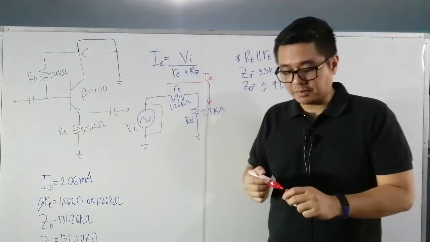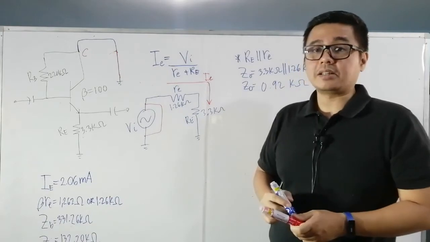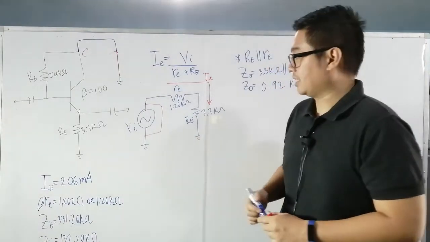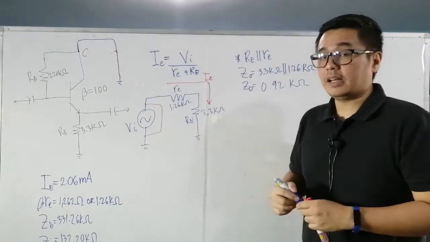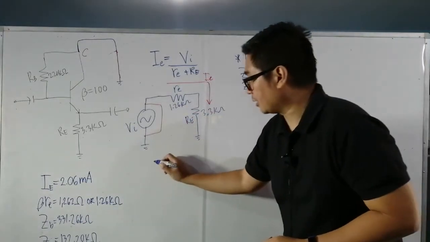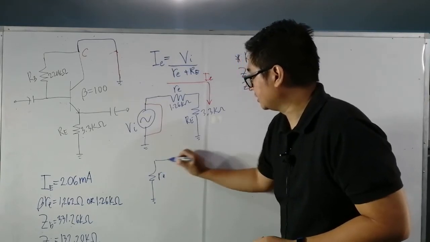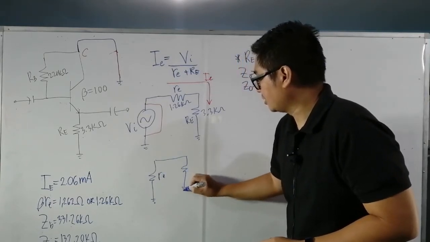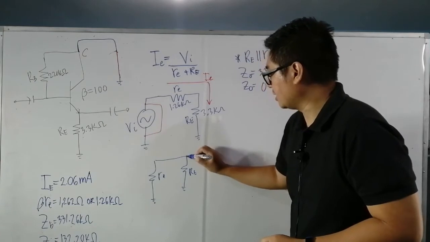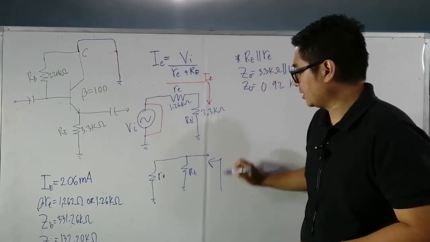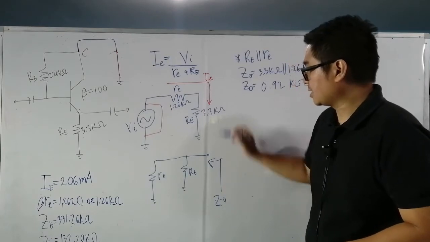But again, as I've said before, hindi ito ginagawa sa real life. This is just used for computational purposes. Now, we will have an equivalent circuit na r sub e, and then this is your R sub E. Alright, so this is your output impedance Z sub O.